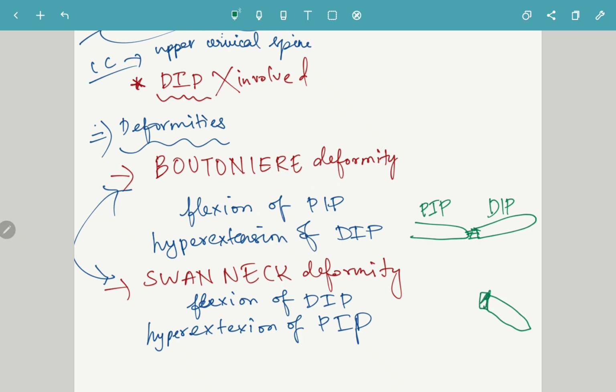This is your distal interphalangeal joint, which is in flexion, and there is going to be hyperextension of the proximal interphalangeal joint. So this is your swan neck deformity.